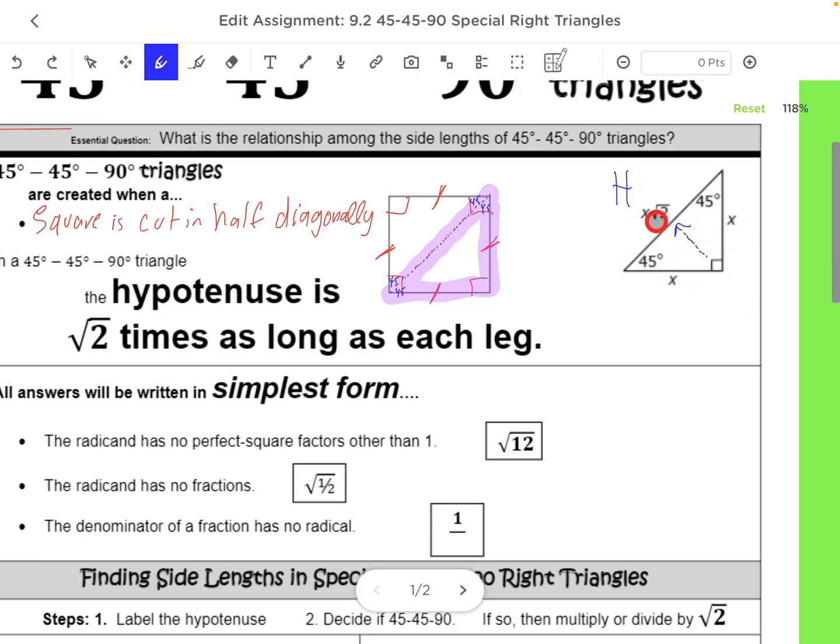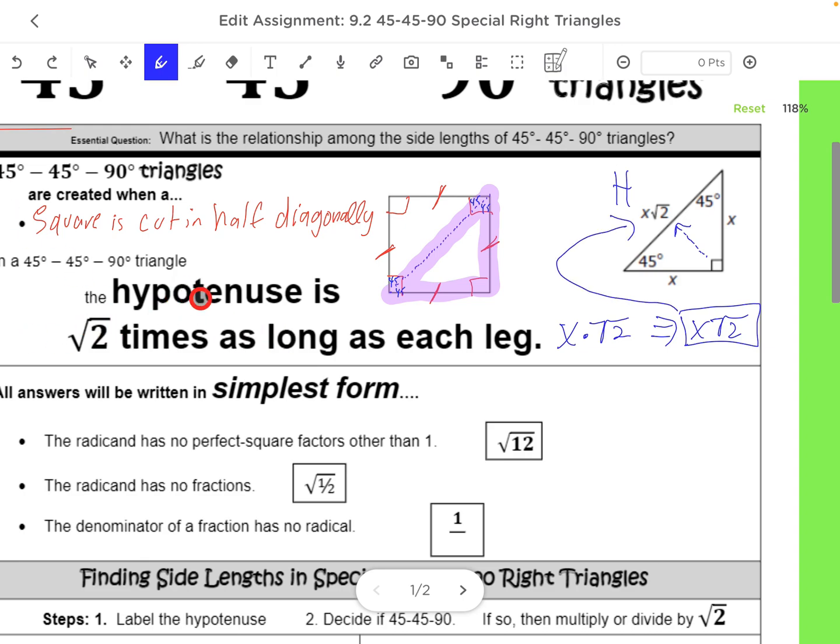Here's how we calculate that. The hypotenuse is square root of 2 times as long as each leg. So this is square root of 2 times as long as that. What we'd say is x times the square root of 2, which is written as x square root of 2. So that's how we got there.